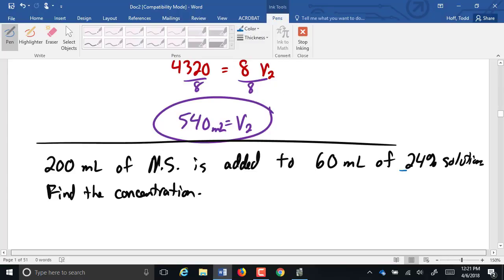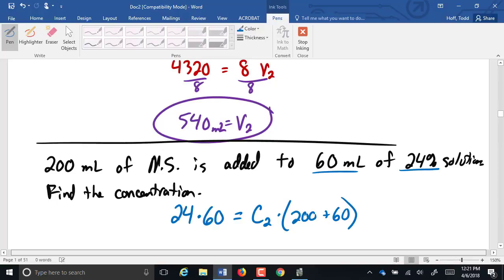Well, again, I've got 24% and 60 milliliters. What that equals, I'm looking for my second concentration, C2. I do not, however, have 200 milliliters. It's 200 milliliters that were added to the 60 milliliters, giving us a total volume over there of 260.